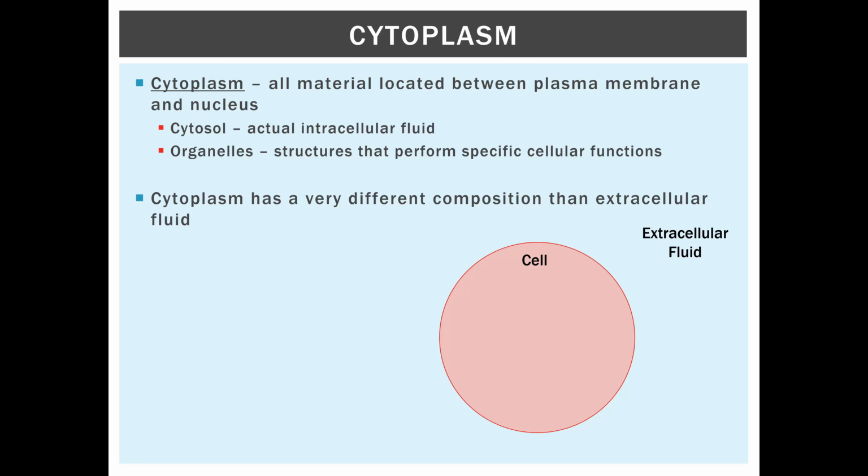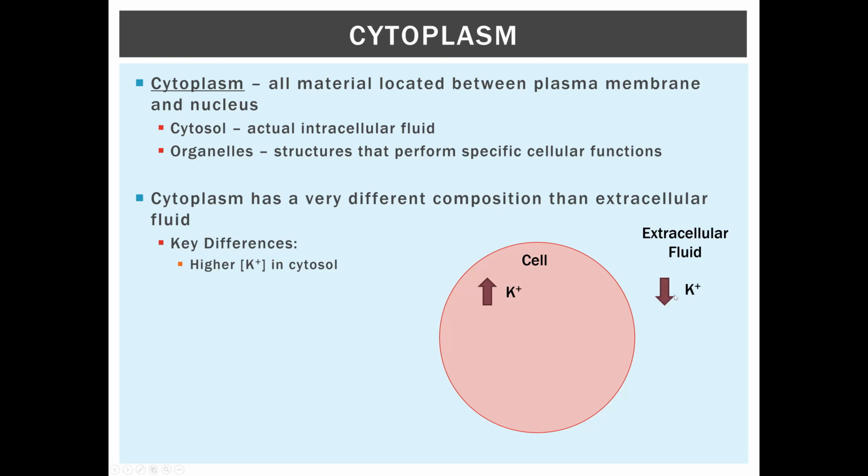So cytoplasm has a very different composition than the extracellular fluid. So we have an example of a cell here in this pink circle. Extracellular fluid would be the fluid on the outside. So here are some very key differences, and again, please make a note of this. Potassium levels inside the cell are always higher than outside the cell.